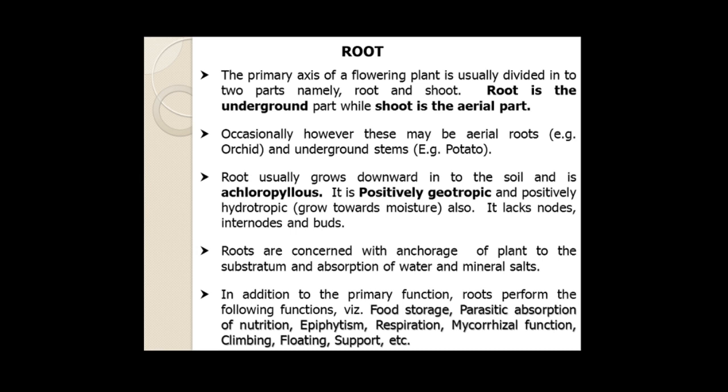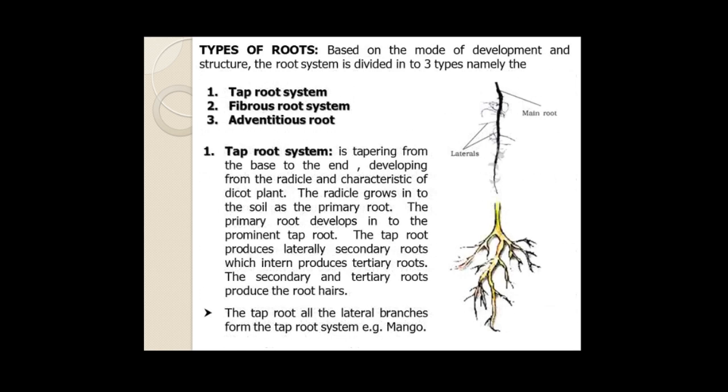Roots are concerned with anchorage of plants to the substratum and absorption of water and mineral salts. In addition to the primary function, roots perform the following functions such as food storage, parasitic absorption of nutrition, epiphytism, respiration, mycorrhizal function, climbing, floating, support, etc. Now let's study what are the three different kinds of roots.